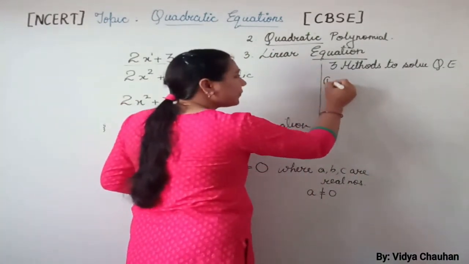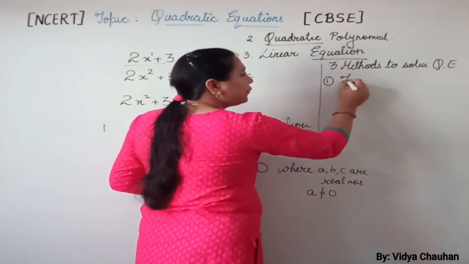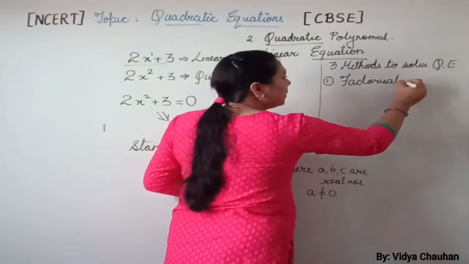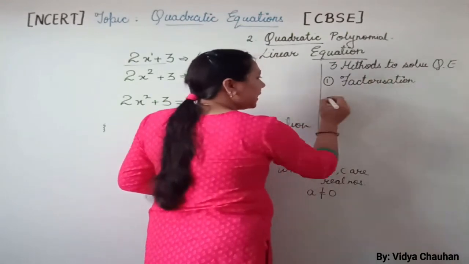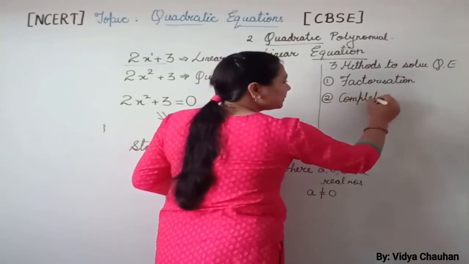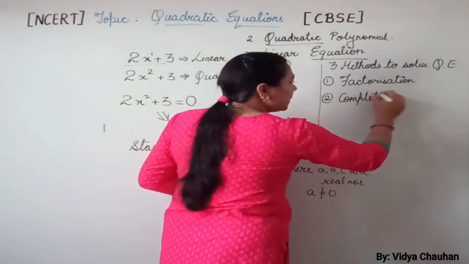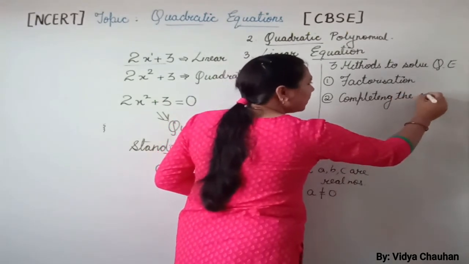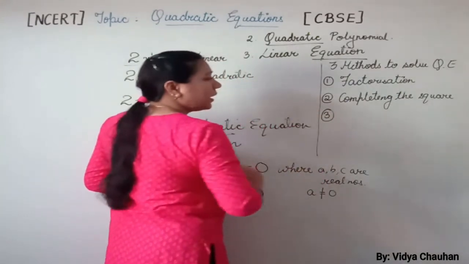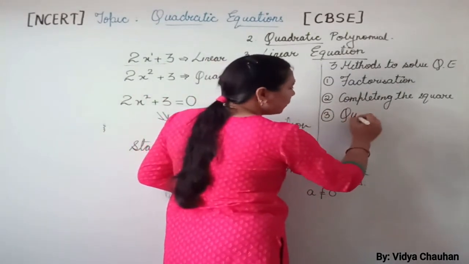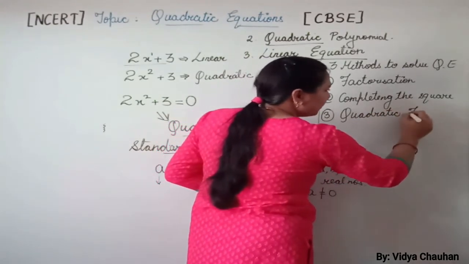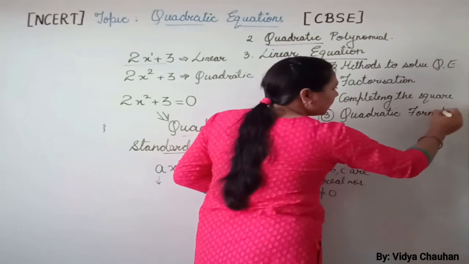The first method is the factorization method. Second is the completing the square method. And third is the quadratic formula method.